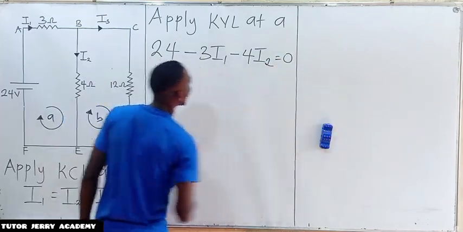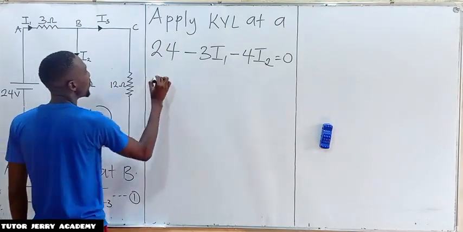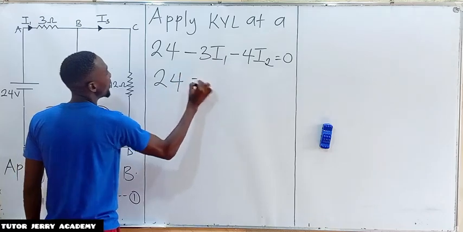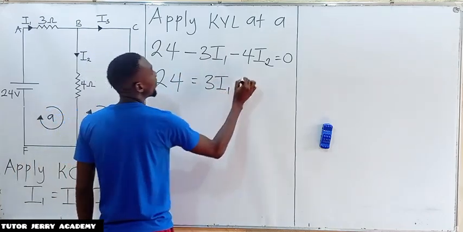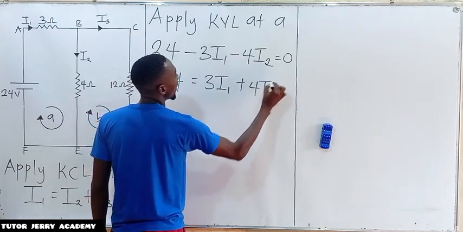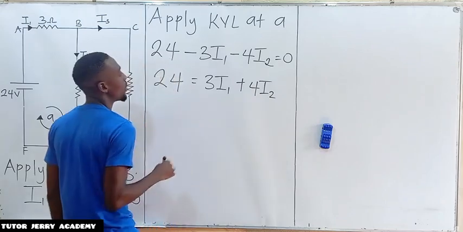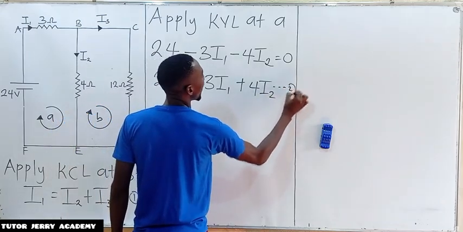So therefore we can say that 24 will be equal to 3I1 plus 4I2. So we can call this equation number 2.